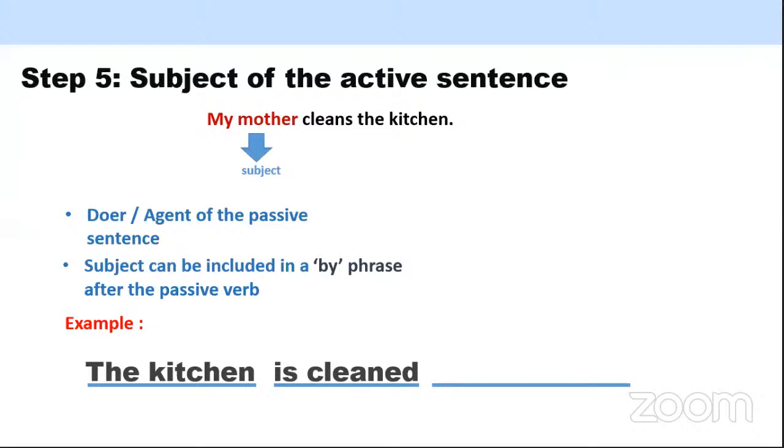What is the passive verb here? Is cleaned. So now we have written the passive voice sentence from a given active voice sentence. I'll read it to you. The kitchen is cleaned by my mother.